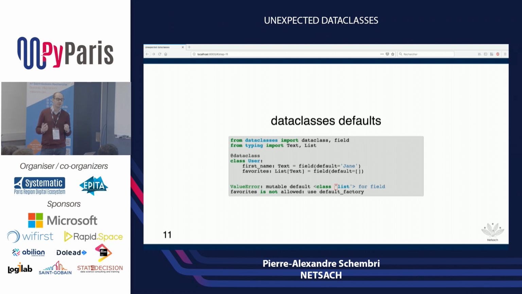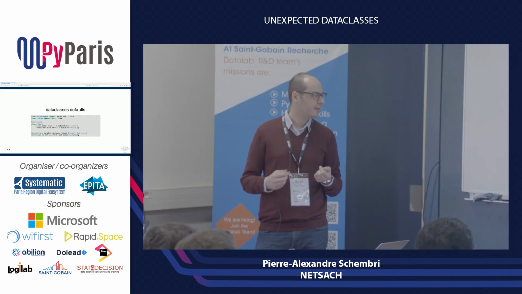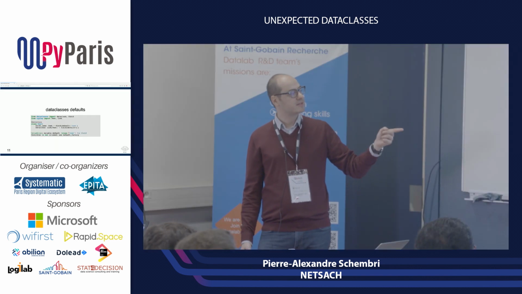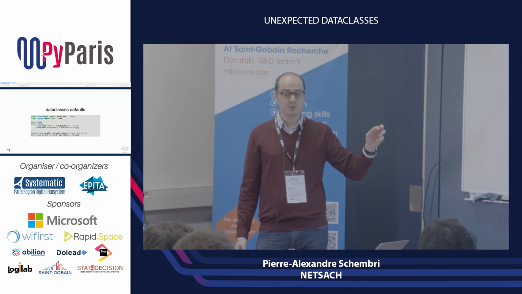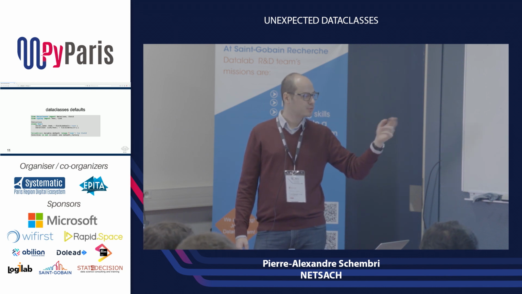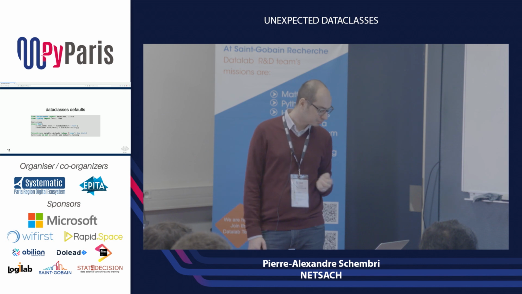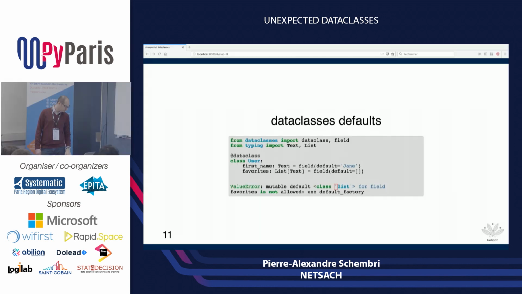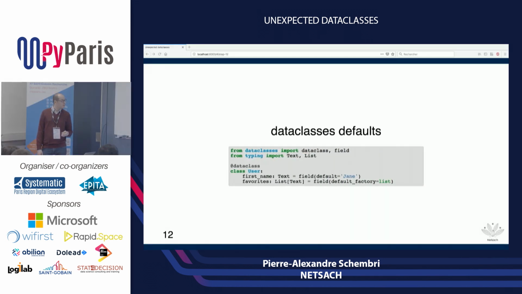But when you're a rookie programmer, you don't know that. So it even comes with an advice. Use default factory. OK, what is default factory? For a mutable field, like a list, you will have to use a default factory. It's like the default dict in the collection module.